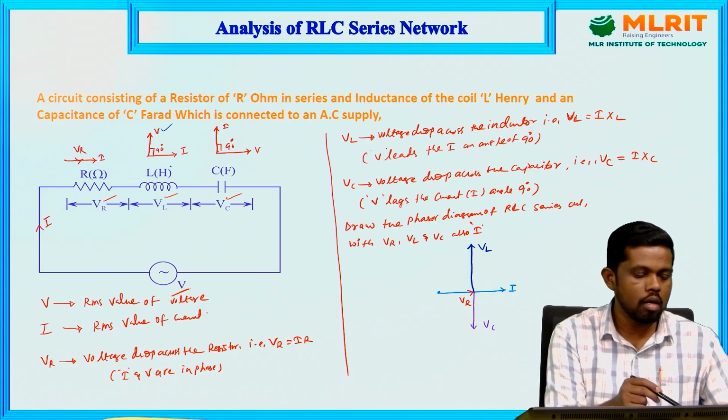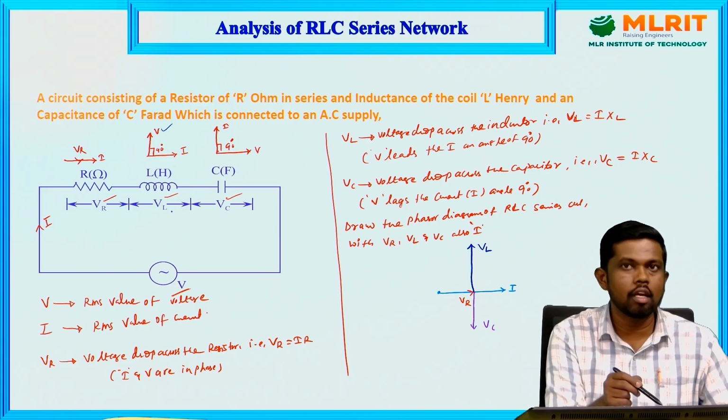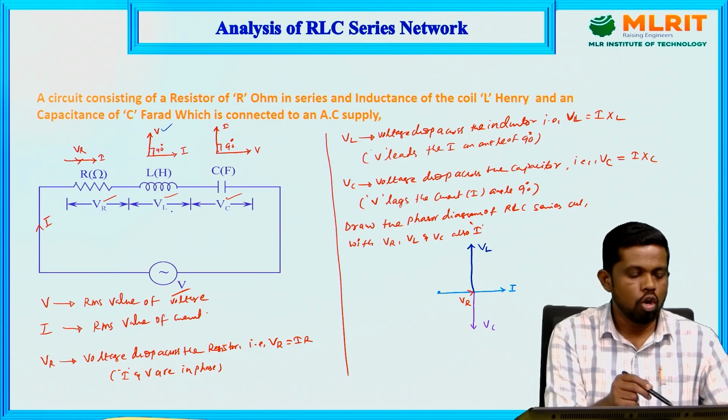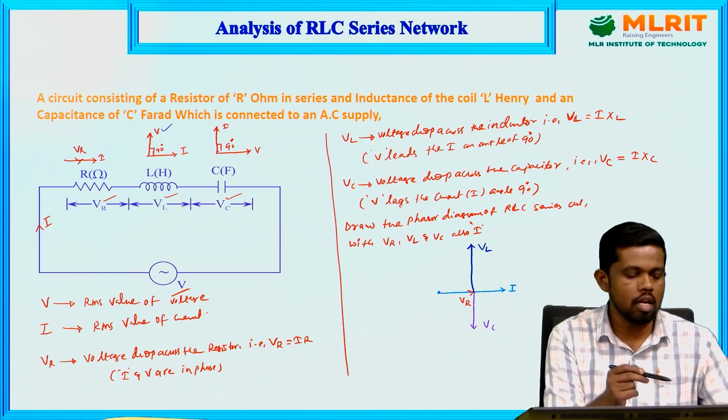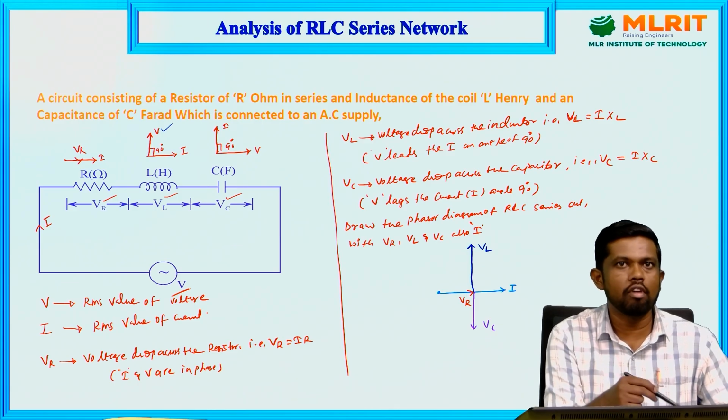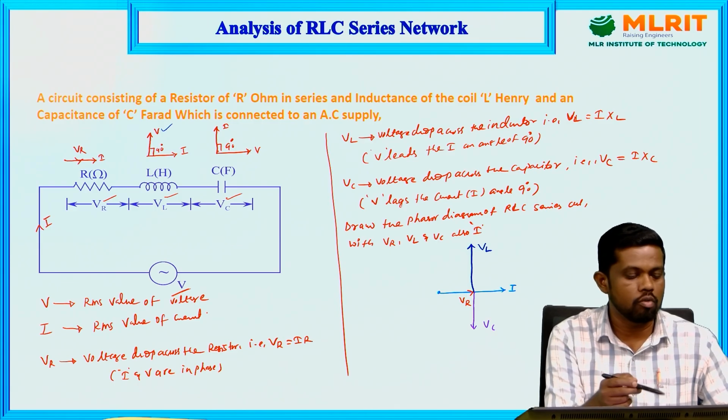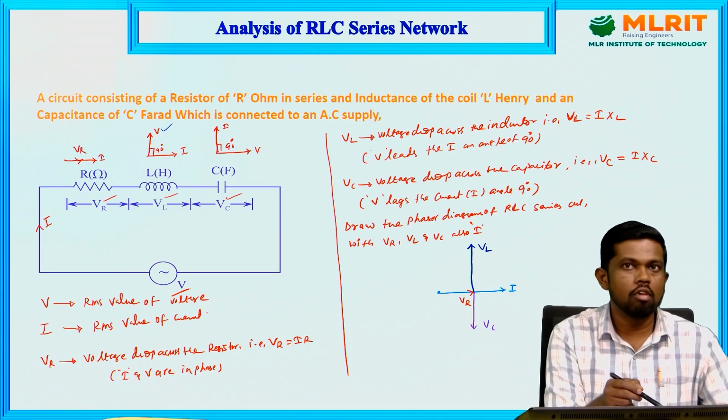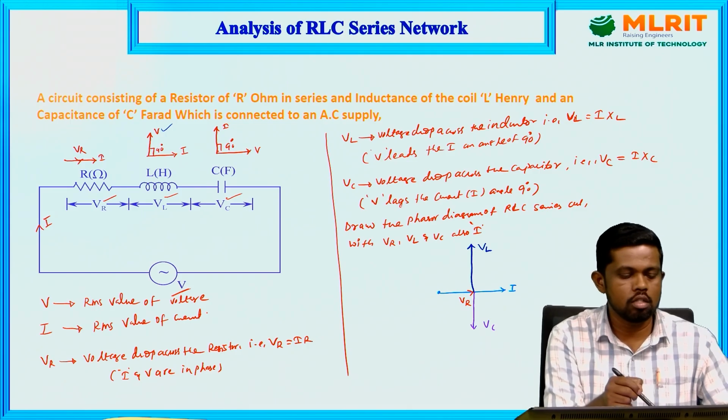If it is an inductive network, the voltage drop across the inductor is more than that of the capacitor, the most predominant term, either VL or VC. Then the corresponding network is effectively inductive. If the most predominant term is VC, the network is dominated by the capacitor, and the voltage across the capacitor dominates the inductor voltage.